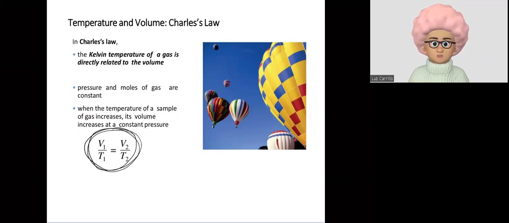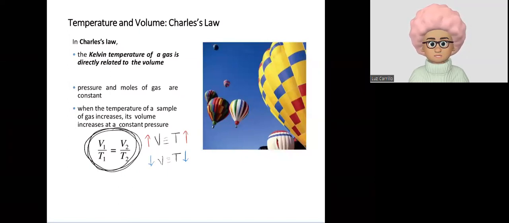According to the law, when we look at the relationship between volume in relationship to temperature, if one goes up, the other one goes up. In the same manner, if one of these two properties goes down, the other one goes down.